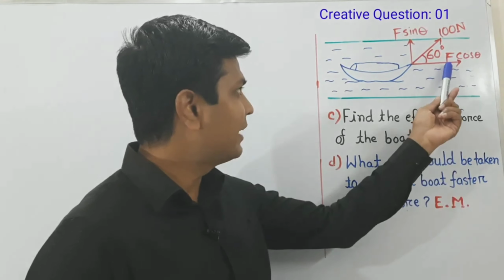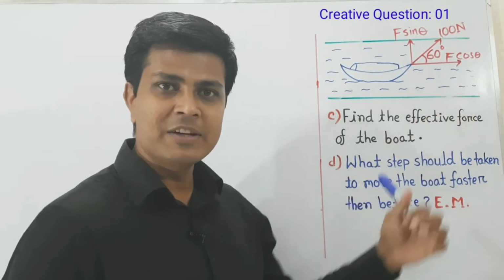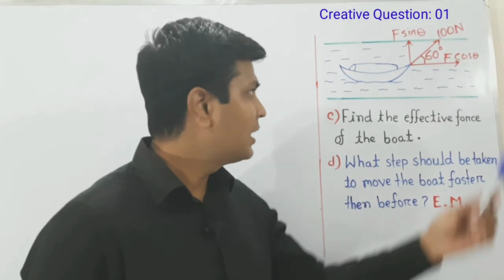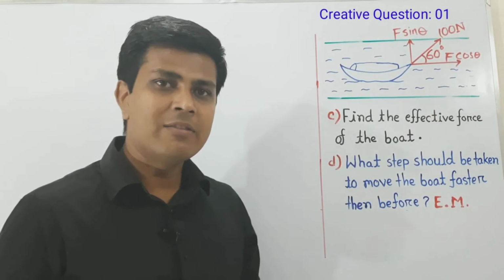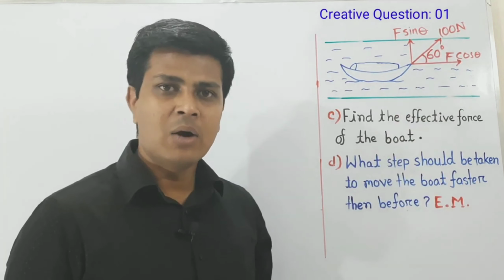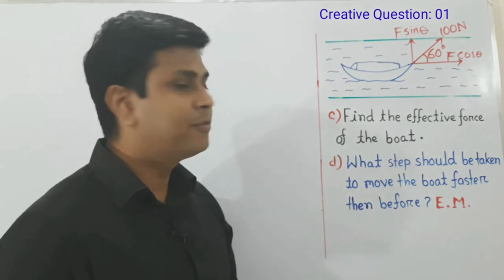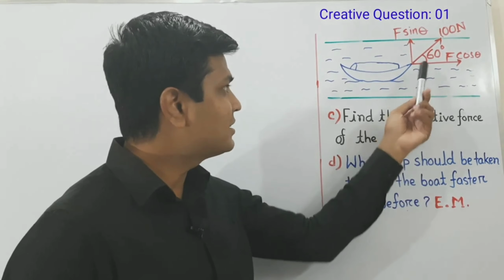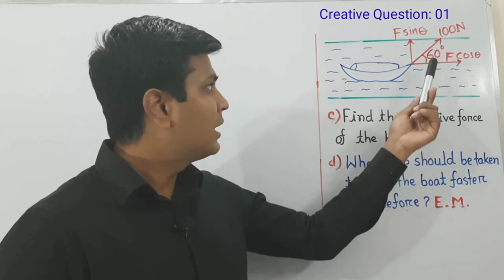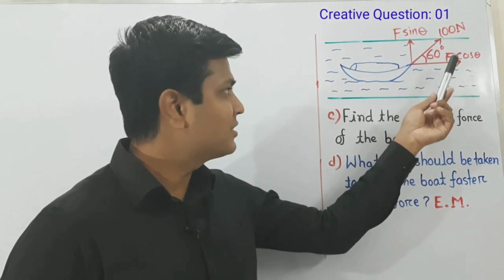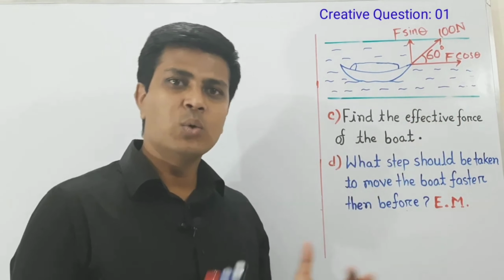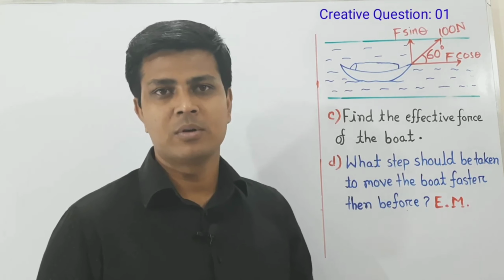Applying force F will be constant, so the effective force only depends on theta, because cos is the operator. We have already found the effective force for a 60 degree angle. Now I am going to calculate the effective force for more than 60 degree and less than 60 degree, and then we can compare in which case the effective force is more.